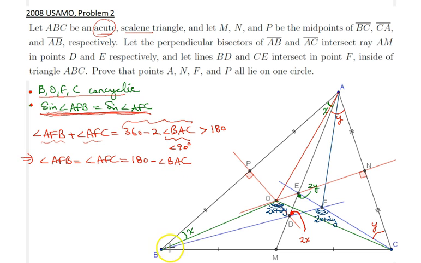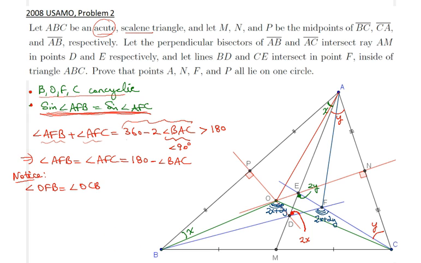So now going back to the points B, O, F, C, we already know BOFC is cyclic, and triangle BOC is an isosceles triangle with O as its vertex angle. Angle BOC we already know is equal to 2x plus 2y. Notice that angle OFB is equal to angle OCB.